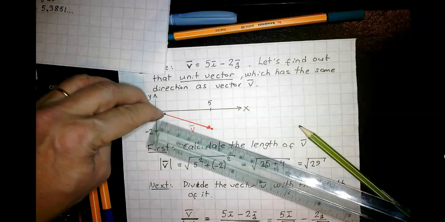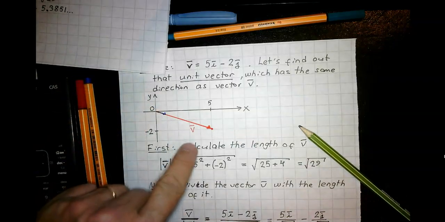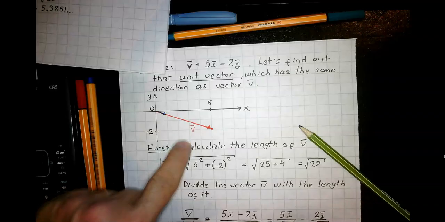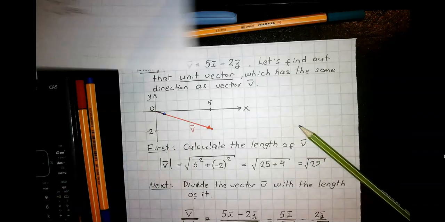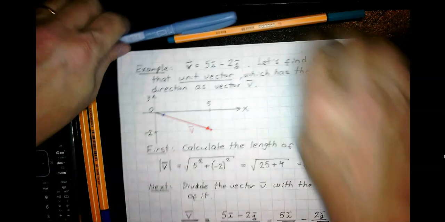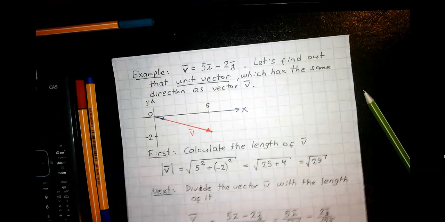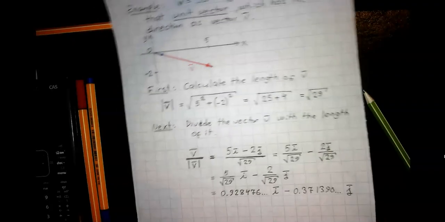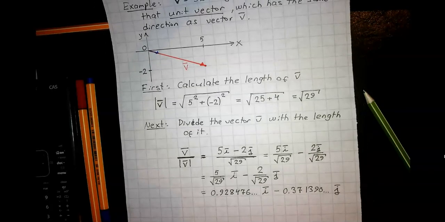5.38 unit vectors gives us the vector v. This is a very simple thing, and it may sound stupid to concentrate so much on this very simple example, but this is very important in the future when we are calculating with 3-dimensional vectors.